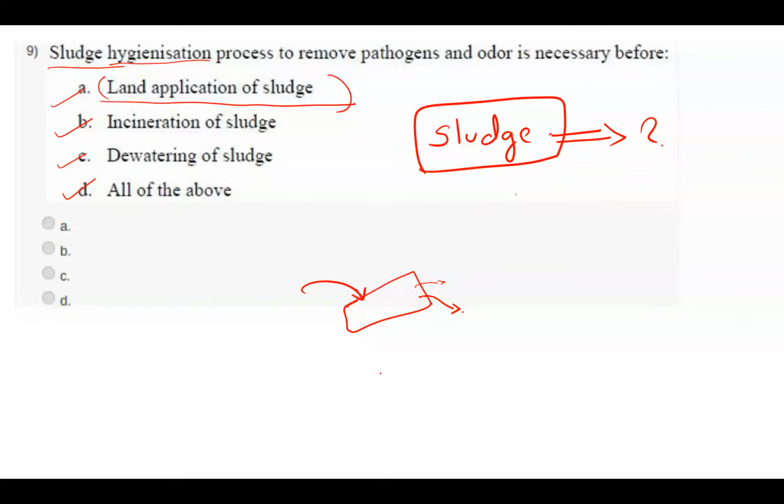Groundwater pollution can also happen. Also, if some water bodies are there and it rains, runoff can happen and it will go to different regions nearby. It can also be transported to a large distance and affect the ecosystem. So that's why we need sludge hygienization before disposing the sludge onto open land.